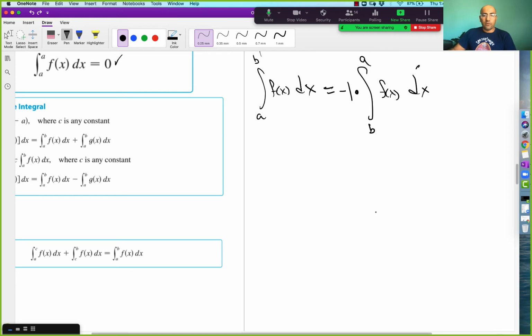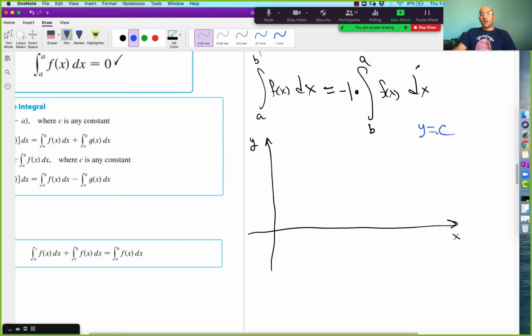Okay. Just to give you something to hold on to, if we have the x-axis, the y-axis, and some function y equals a constant. Remember that whenever we have a function that is a constant, we have a horizontal line at c. This would be at the point 0, comma c.